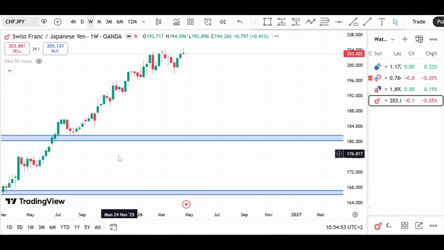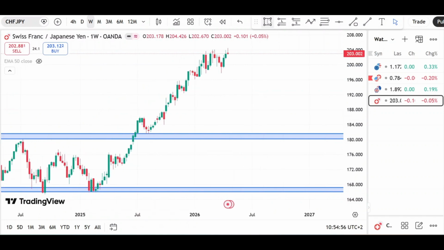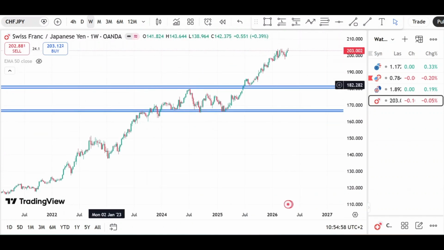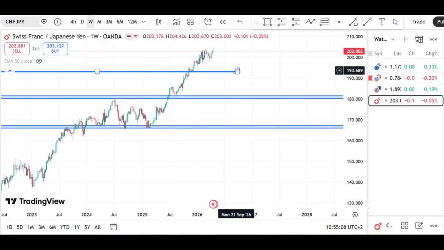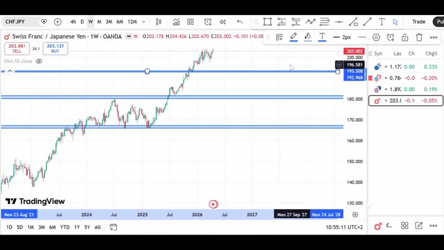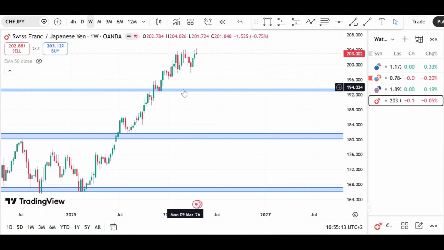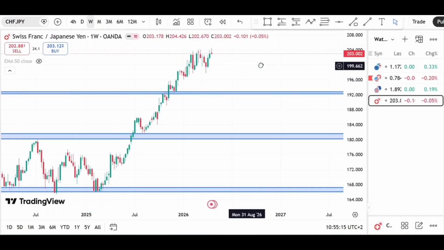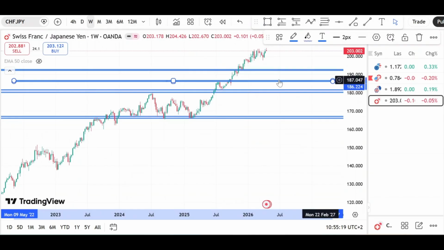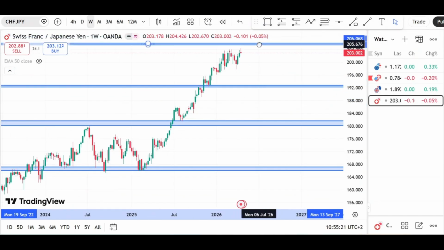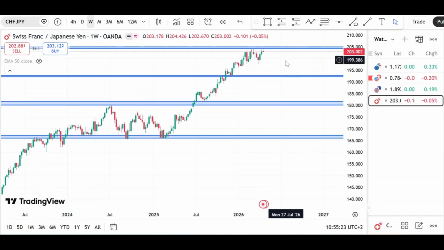So let's go to this weekly time frame to see what's going on. Okay, this is the weekly midway zone. Okay, this is the weekly upper zone.